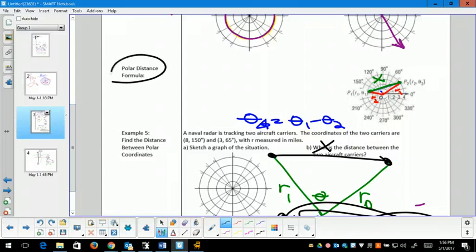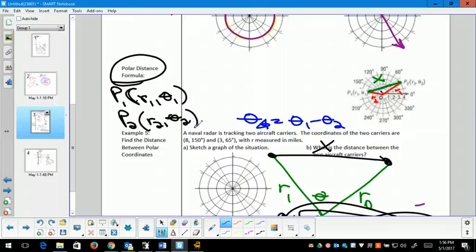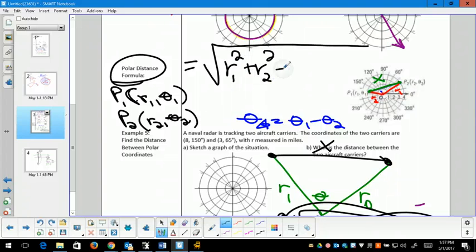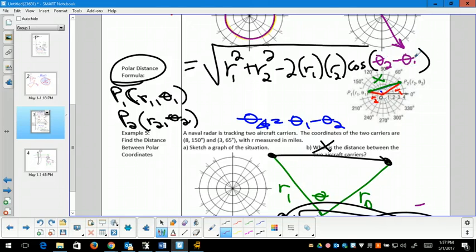The distance between 2 points in the polar coordinate plane, when the first point is r sub 1 comma theta sub 1, and point 2, p sub 2, is r sub 2 comma theta sub 2, you can calculate the distance between those 2 points by doing the square root of r sub 1 squared plus r sub 2 squared minus 2 by r sub 1 by r sub 2 by cosine of the angle that's formed when you do theta 2 minus theta 1 or theta 1 minus theta 2.